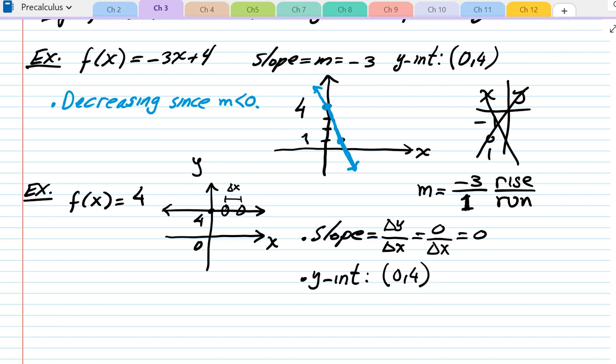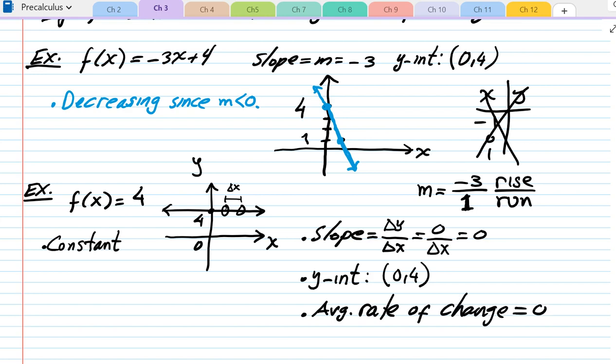Okay, in terms of increasing, decreasing, it's neither. The function is constant. So it's neither increasing nor decreasing. It's just a flat line. And what is the average rate of change here? 0. The average rate of change, which is the slope, correct, is 0.